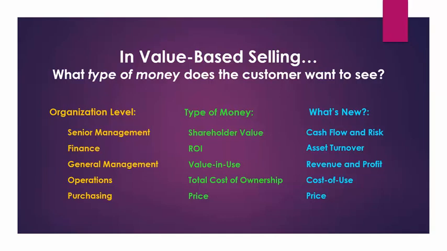All right, now, what type of money do I use? You could see on the previous list that there's a variety. The type of money is going to be a function of who you're going to talk to. If I'm talking to purchasing people, chances are they're going to be focused largely on price. If I'm talking to an operations person, they're probably going to want to look at total cost of ownership and cost of use.